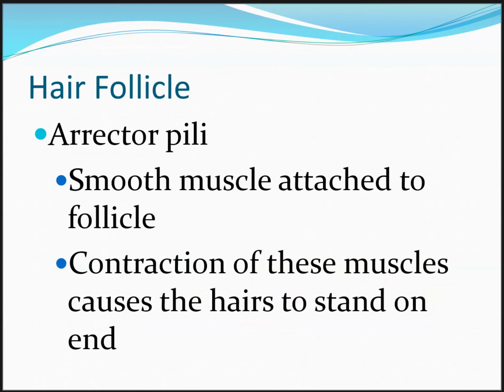And the arrector pili are the smooth muscles attached to the hair follicle. And when you get really cold, the arrector pili are the ones that are responsible for goosebumps. So these smooth muscles contract involuntarily and cause the hairs to stand, resulting in goosebumps.